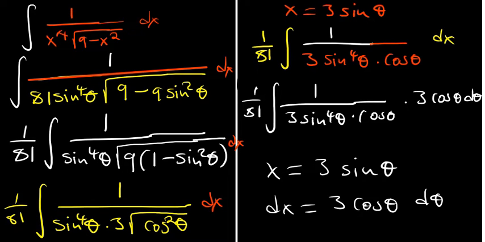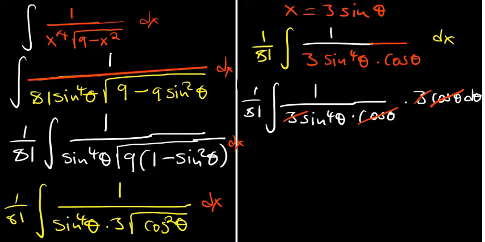So what do we have? Cosine of theta can basically divide by cosine of theta, right? Okay, which also tells us at that point we can also do away with the 3. So we can move to the next stage.